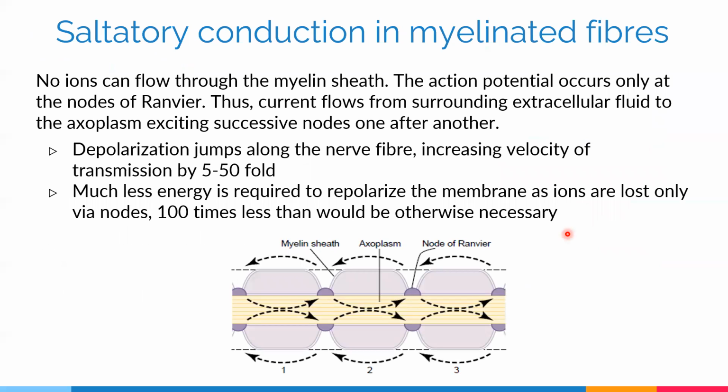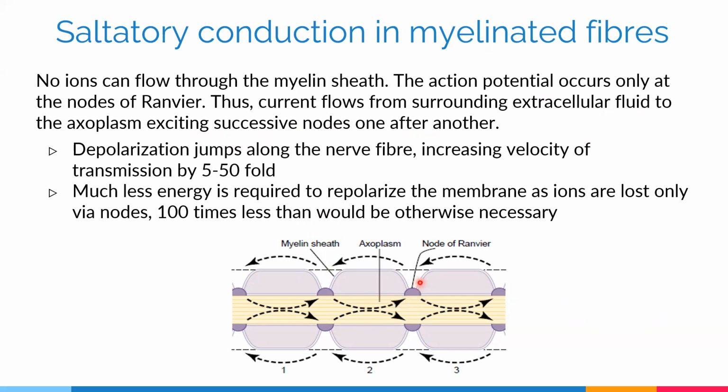So, as we have already discussed, no ions can flow through the myelin sheath. Thus, the action potential occurs only at the nodes of Ranvier. Thus, the current which flows into the nerve fiber and out of it from the surrounding extracellular fluid to the axoplasm, the cytoplasm of the axon, excites successive nodes one after another, meaning that one node of Ranvier will be excited, and only the other node of Ranvier after it can be excited, as the middle portion has myelin sheath all over it.